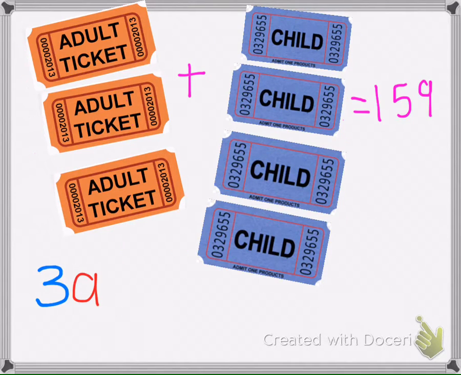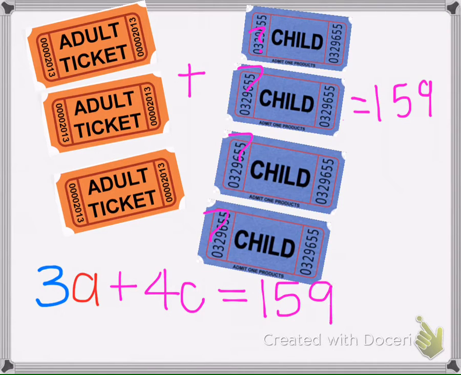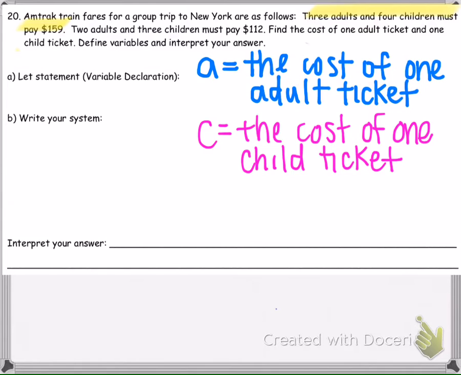And we're going to do the same thing for the child ticket. There are 4 of them, and we don't know how much they cost. Well, adding 4 children's tickets is the same thing as multiplying, and the total cost is $159. So we now have our first equation.